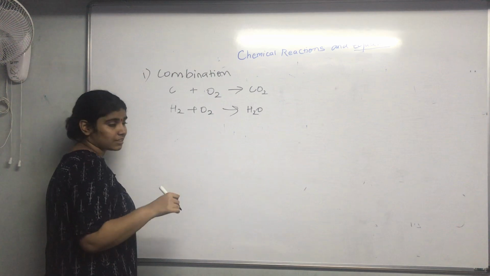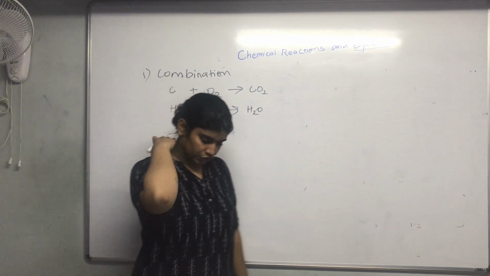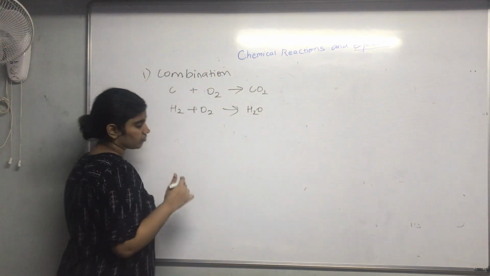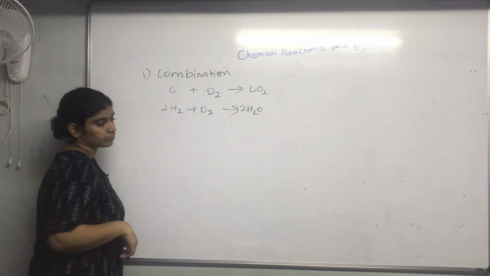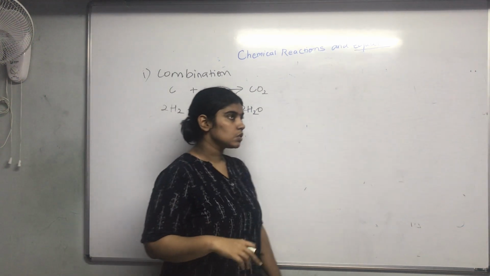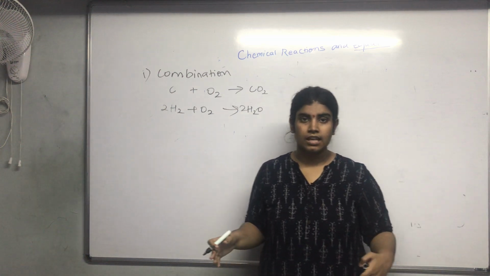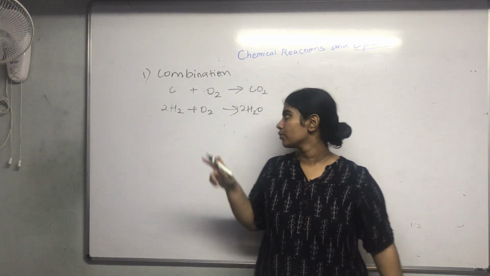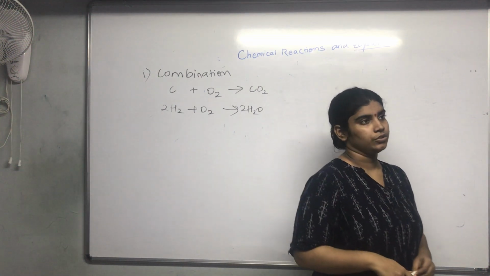Again, I'm not balancing this, but if you balance this reaction, it will be fine. So hydrogen and oxygen are two reactants, they combine together to form water. So this is the combination reaction.